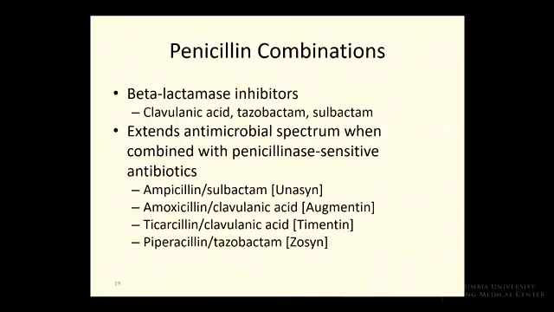So the three substances that are frequently added, the three beta-lactamase inhibitors, are clavulanic acid, tazobactam, and sulbactam. And probably the most well-known one of these combinations is Augmentin, right, which is amoxicillin and clavulanic acid.